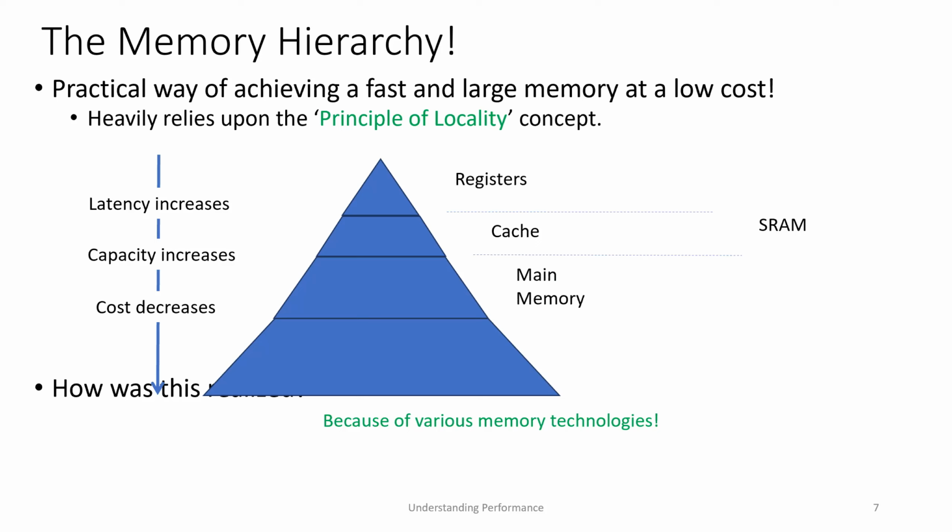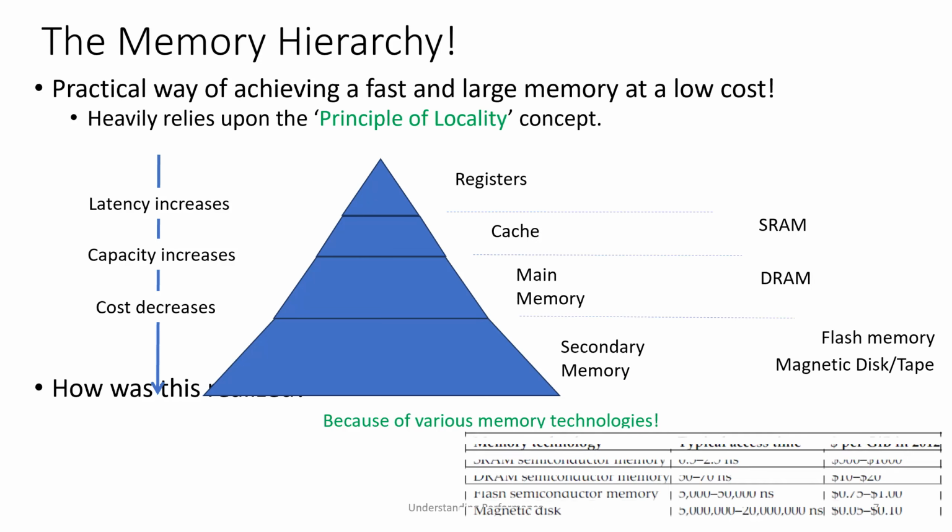Following that, we have main memory, which is built with DRAM technology, and this is what we refer to when we normally say RAM. Then we have the secondary memory, which was earlier built with magnetic disk or HDD. Now we have flash memory, which is SSDs. The micro SD card that I showed you earlier is based on flash memory only.